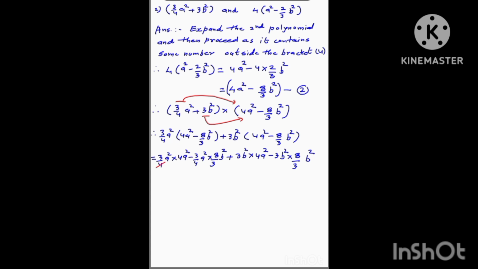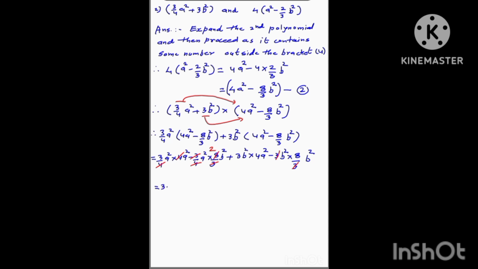Now cancel: 4 cancels with 4, 3 with 3, 4 ones are 4, twos are 8, and these 3. Now it has become a very simple form.